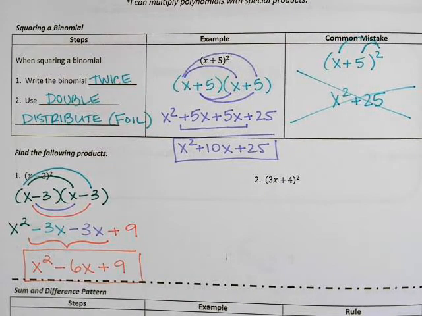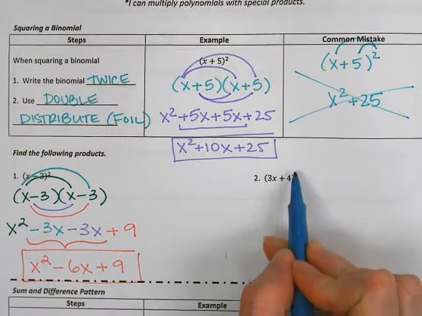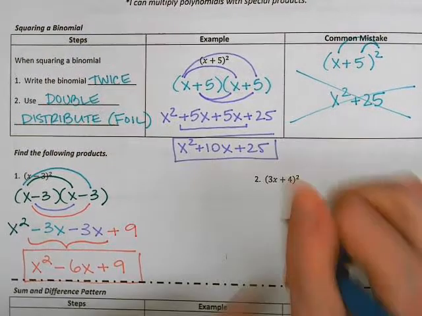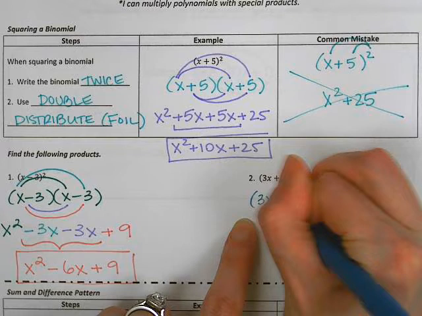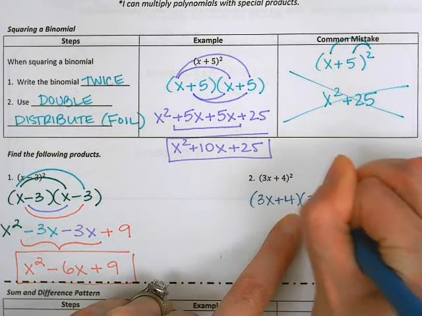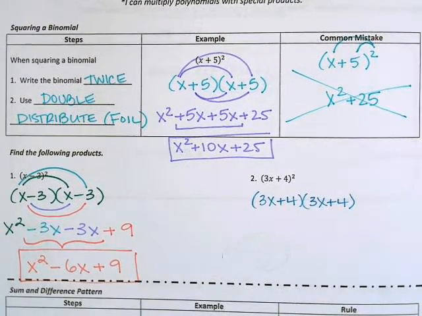I'm hoping you guys can do number 2 without me. So maybe pause it and then watch it and check if you're right. But again, do not distribute. You need to write it twice and FOIL it out.